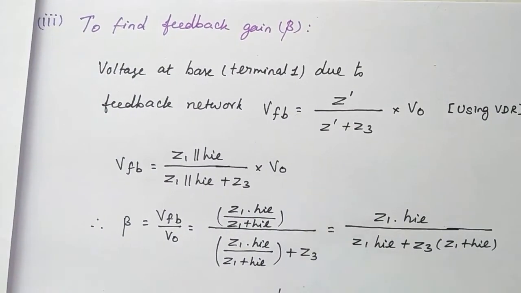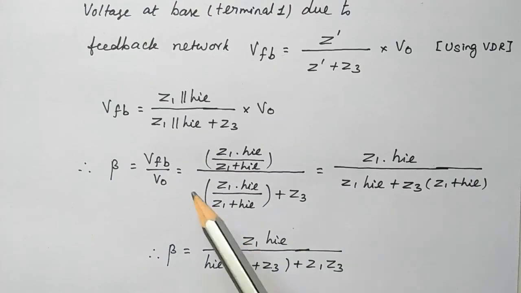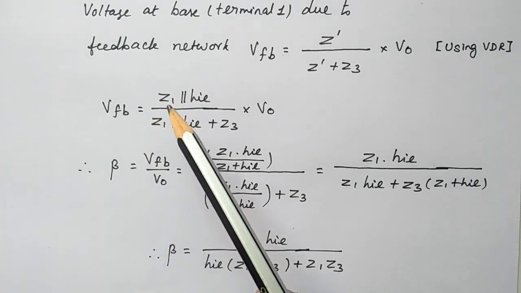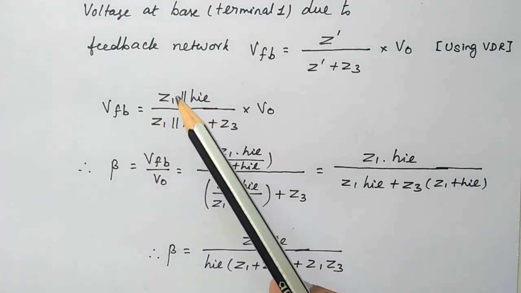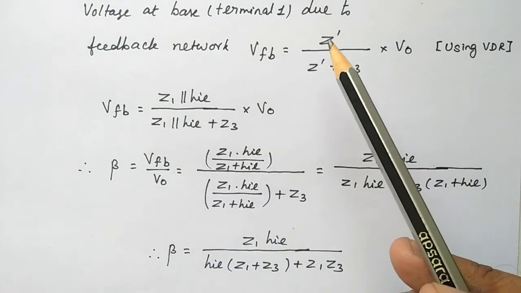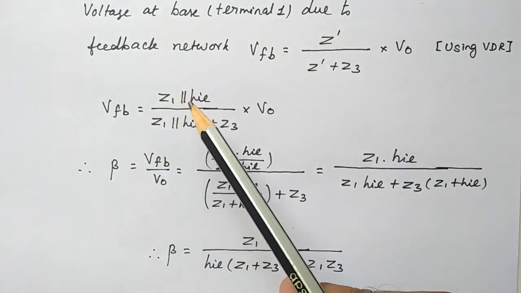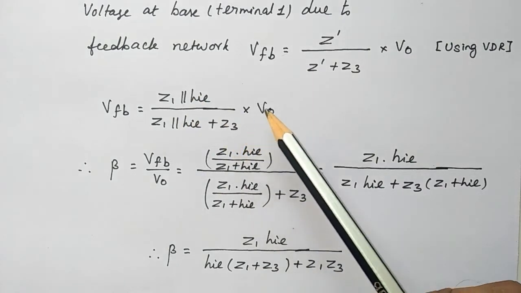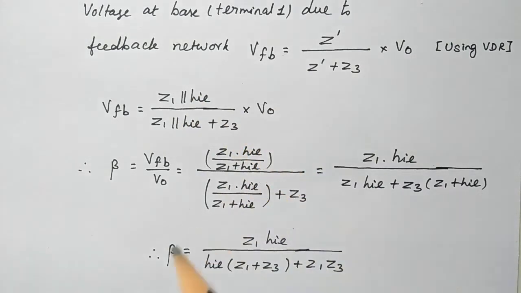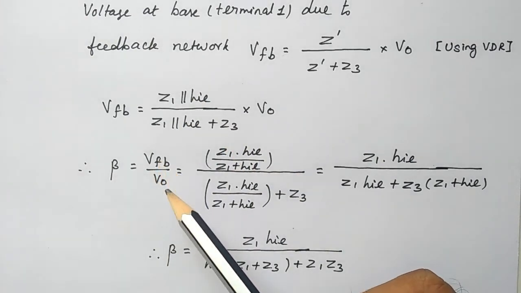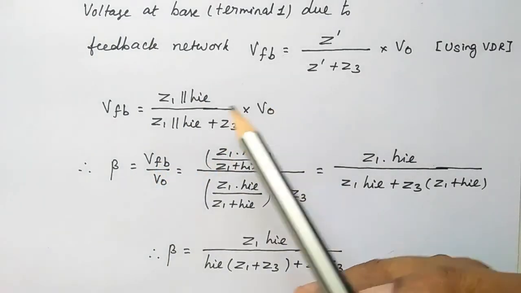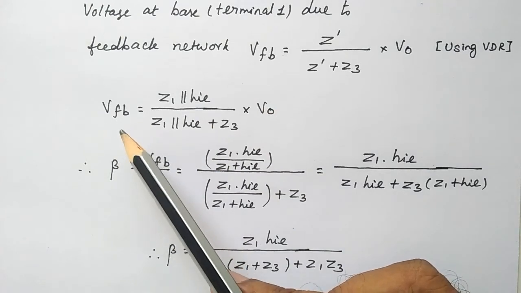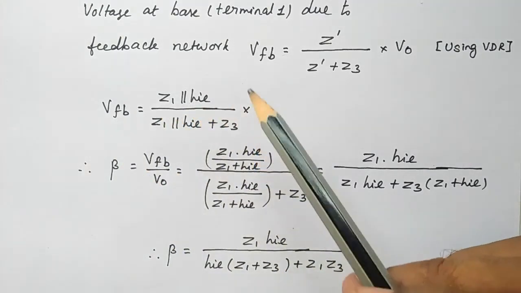Then we have to expand VFB, where Z dash is Z1 parallel to HIE. This is the parallel combination, expanded here, plus Z3 as usual, into V0. Now we make some arrangements. We need beta, and beta is equal to VFB by V0. So V0 is brought to the left hand side as the denominator.